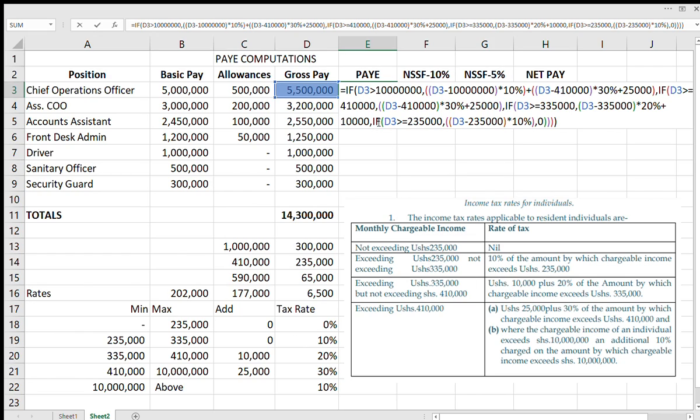So we say if D3 is greater than the minimum 235,000 shillings. Is greater than or equal to it. Meaning you begin from it and go above it.